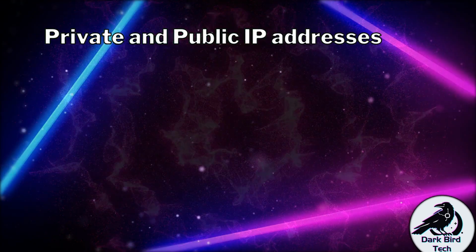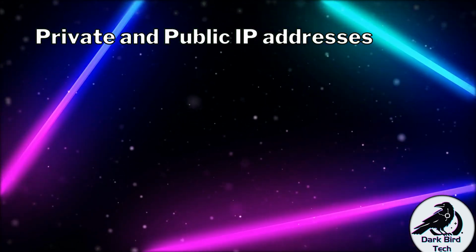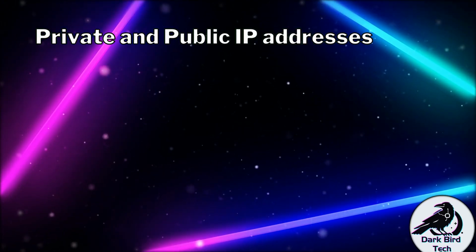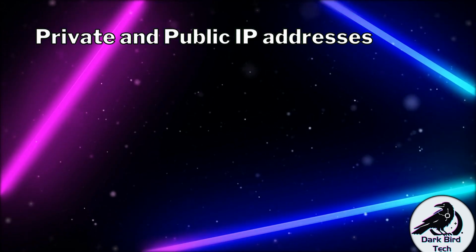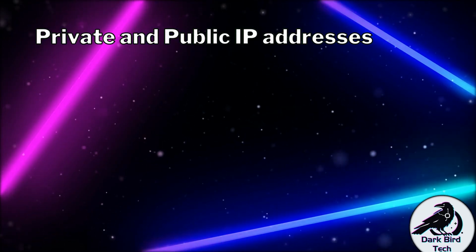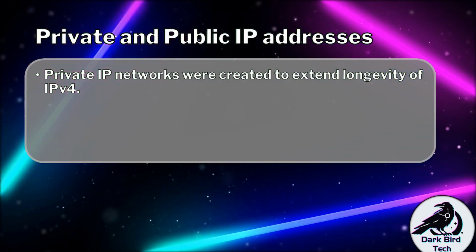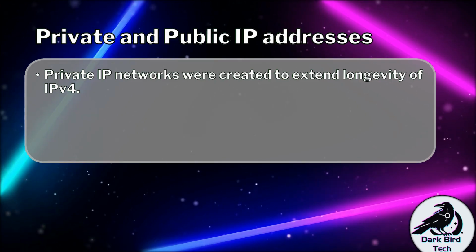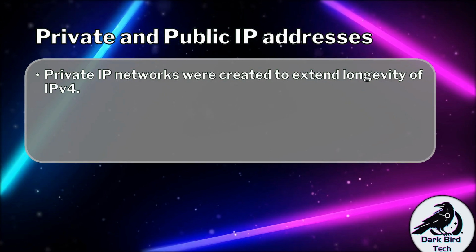Now, one of the reasons why I might have been able to guess your IP address, or at least half of it, so well, is because I know which private addresses are used in home networks, or actually any private LAN for that matter. We have this distinction with private and public addresses. Private IP addresses were created to help extend the longevity of IPv4. Although 4.29 billion IPv4 addresses sounds like a lot, remember, there's way more than that many people on planet Earth right now.